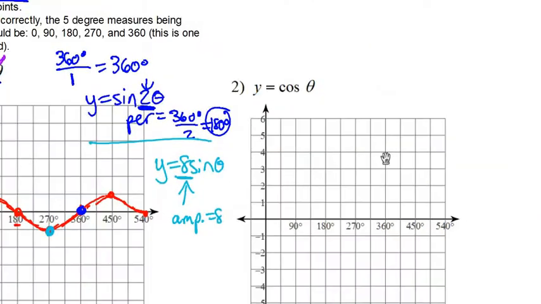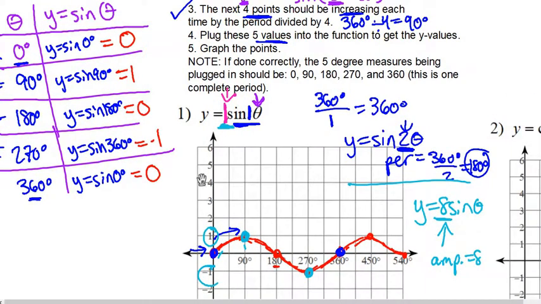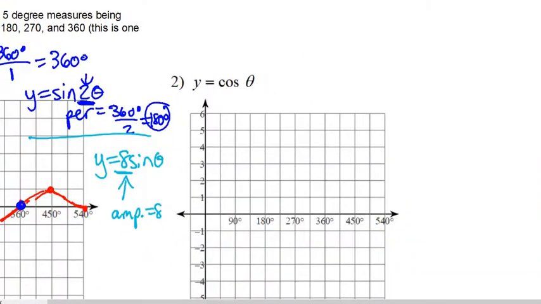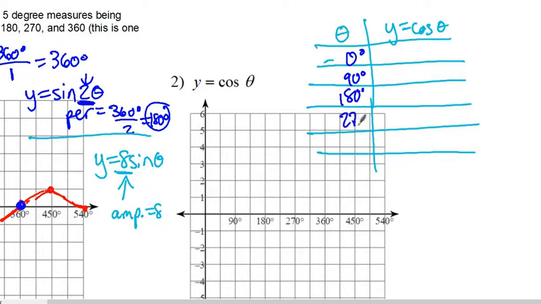All right, y equals cosine, well, we can basically do the exact same thing. 0, 90, 180, 270, 360, same period, same amplitude as sine. So we'll fill this in. And everything is pretty much the same. The only difference is the values get shifted over just a little bit. So let's fill this in. So we have 0 degrees, 90, 180, 270, 360.